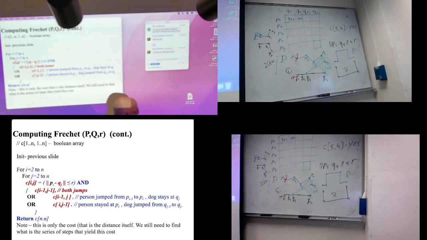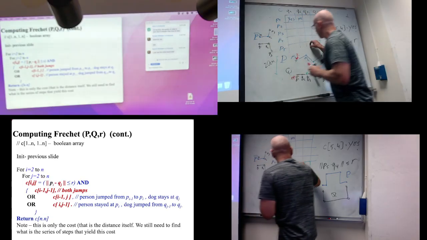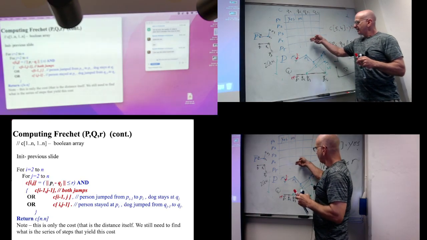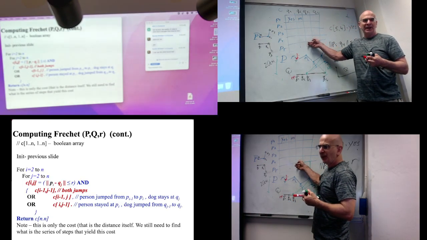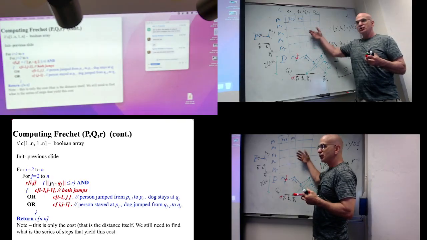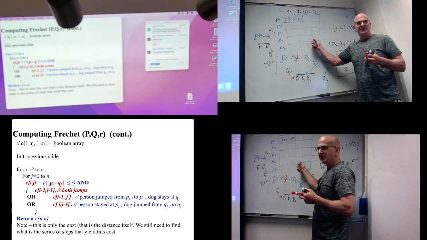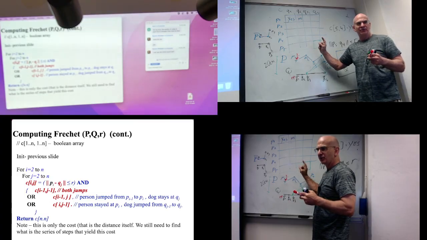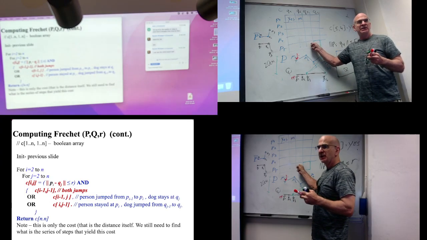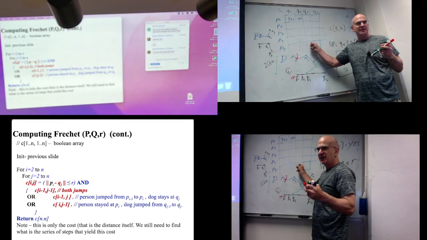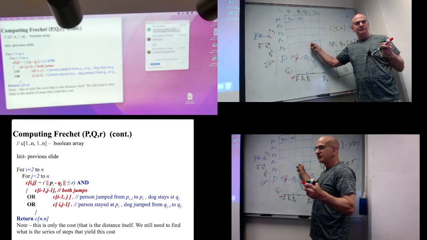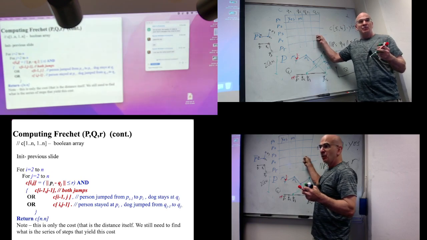When I want to know what is Cij, it's one answer that will not change regardless of how I got to this position. It's just one answer, correct or incorrect, needs to be computed just once. If you don't understand what I'm speaking about, go back to the first class about the LCS. So I'm using the idea of memoization.